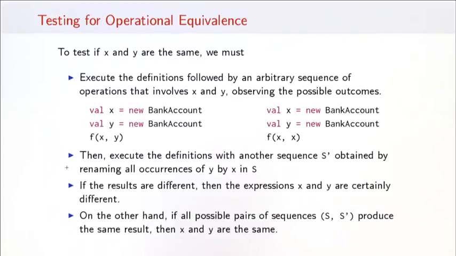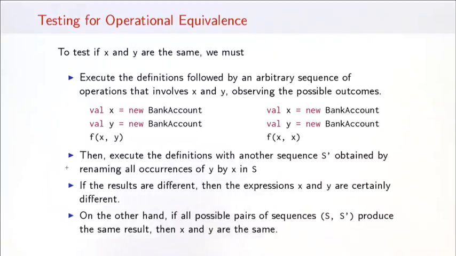They're not different because there is no test that can give a different outcome on the x and y or the x and x on the right-hand side. So that, in a nutshell, is the definition and the theory of operational equivalence.